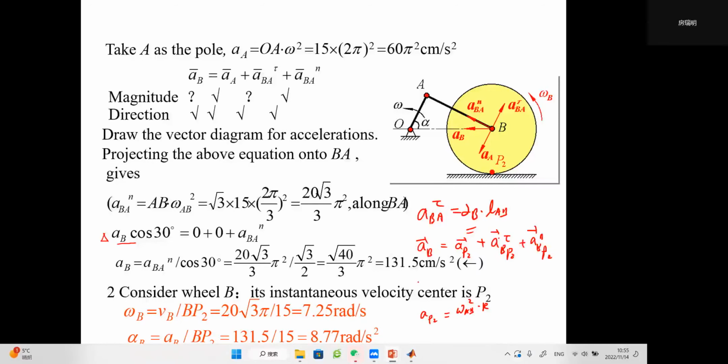So it's quite complicated. Maybe you just need to have a basic impression here. I think I should not introduce it in detail here.